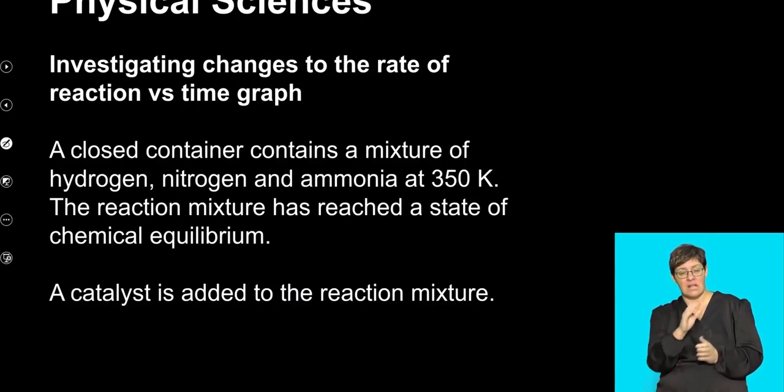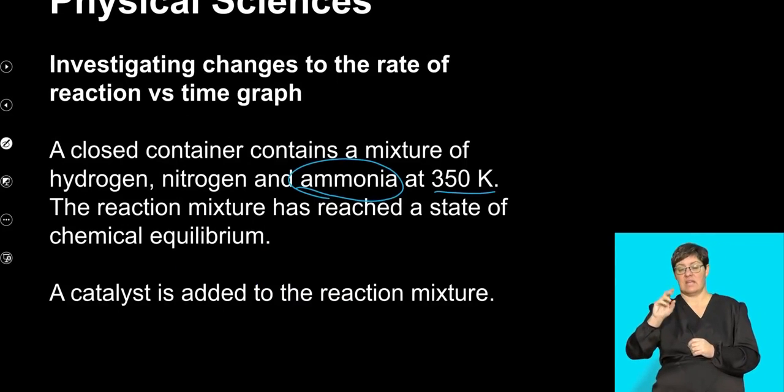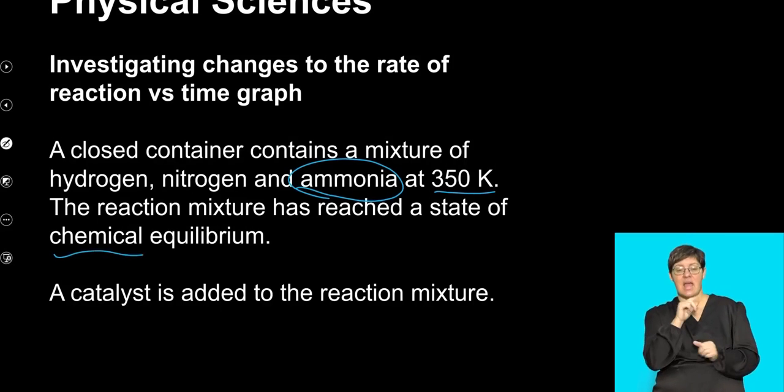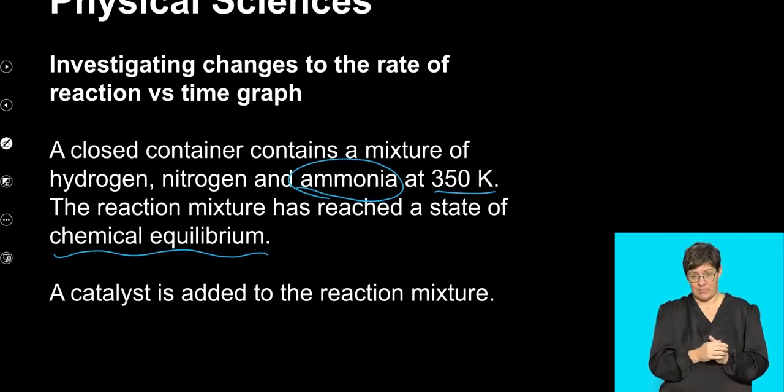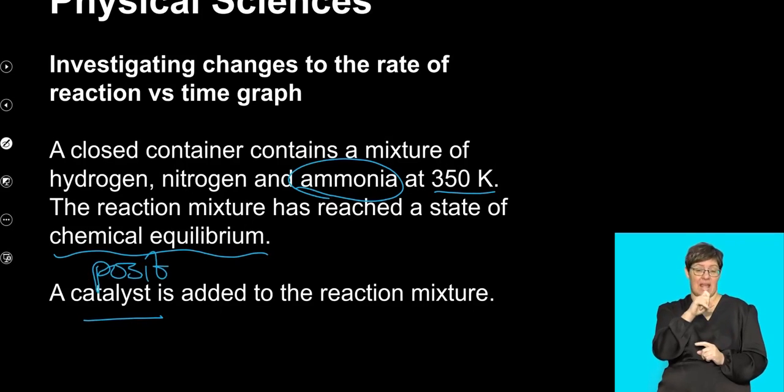We're still in the closed system and we're still busy making ammonia at 350 Kelvin, and it is at chemical equilibrium. The question here is, a catalyst is added to the reaction mixture. I just want to say that it's a positive catalyst.